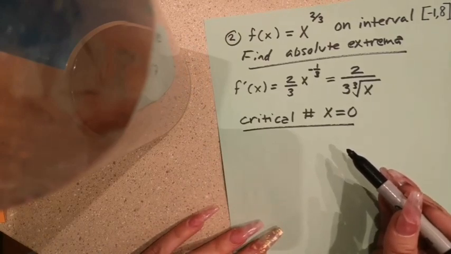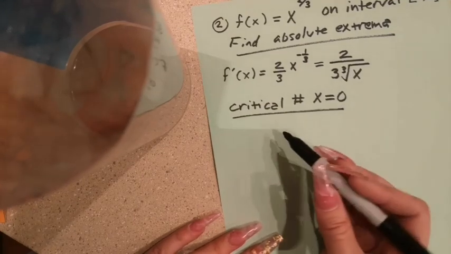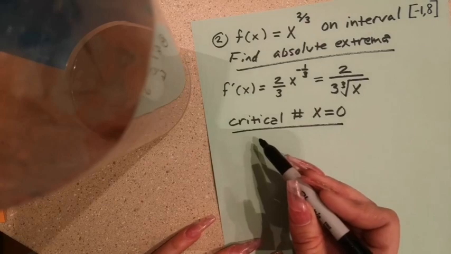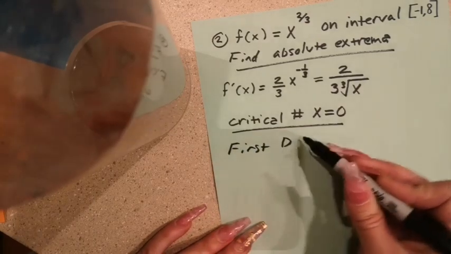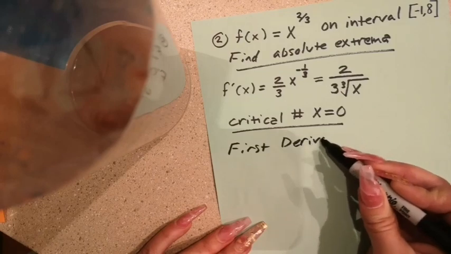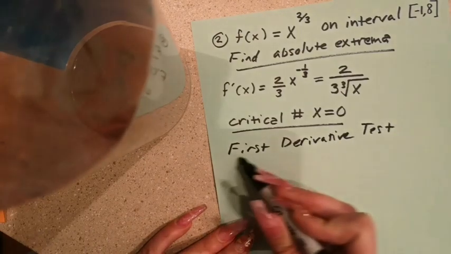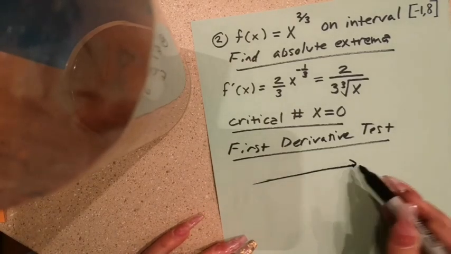Now I have a couple of options. I could use the first or second derivative test. Let me try the first derivative test and see if we remember how this works. I'd set up my sign chart.